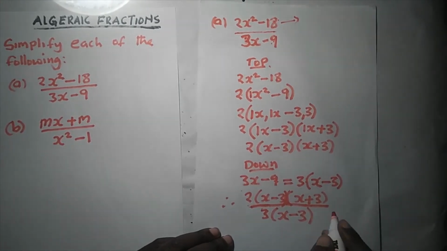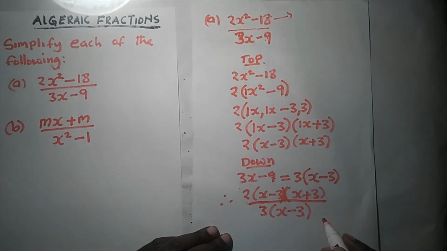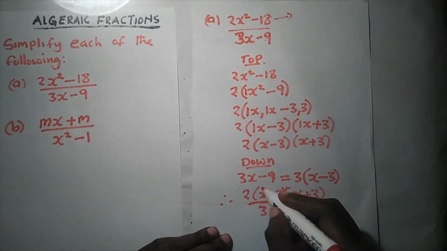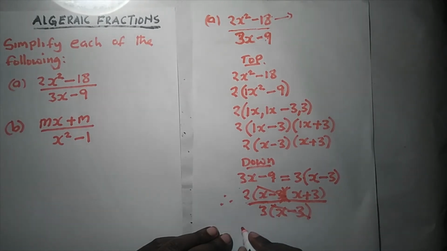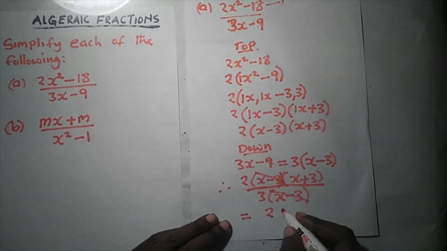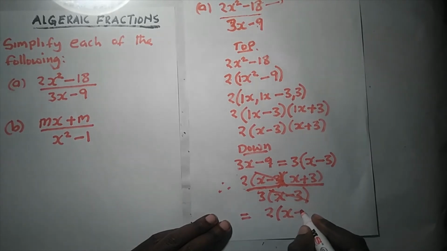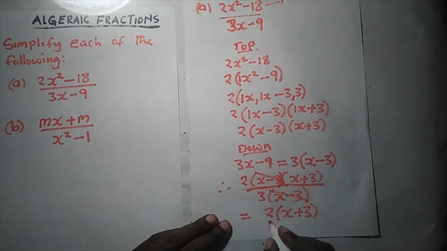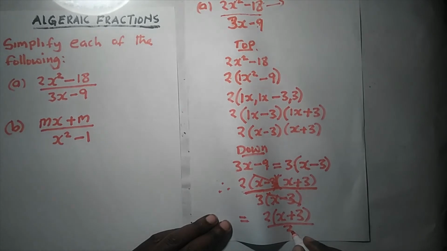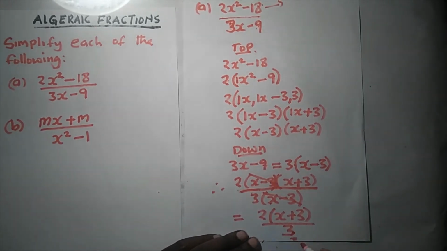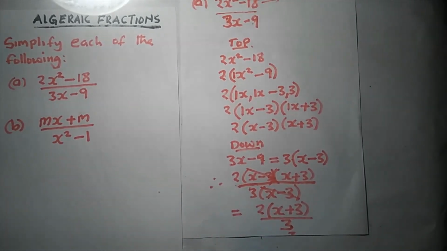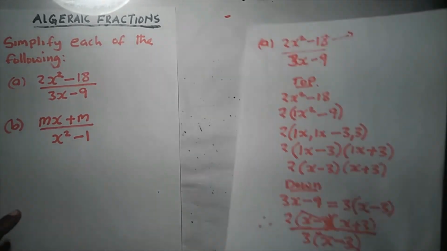When you reach here now, you can cancel out the like term. You can see on top that you have x minus 3, and down here we have x minus 3. These two will cancel themselves out, and you remain with 2 times x plus 3 over 3. This is your answer for the first part of our expression.